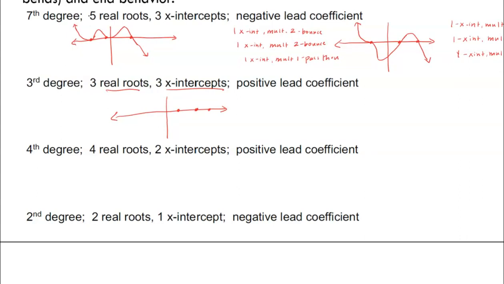Positive leading coefficient, so it's a positive slope because it's a 3rd degree. So this side is going to go like this, and these are all just going to pass through, like that. That looks like a positive slope on the ends.